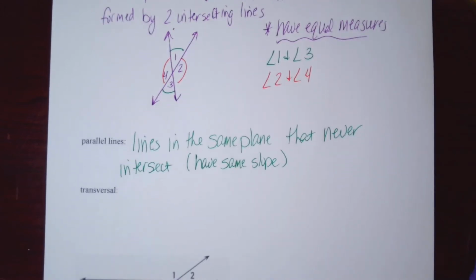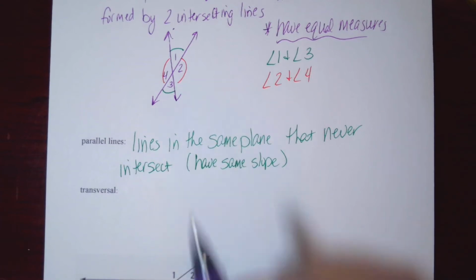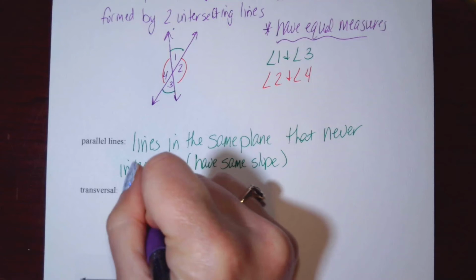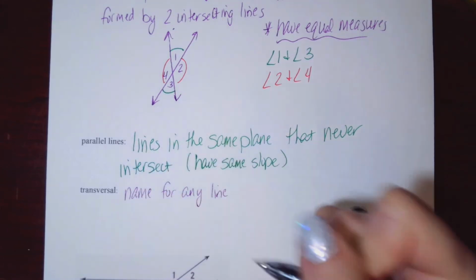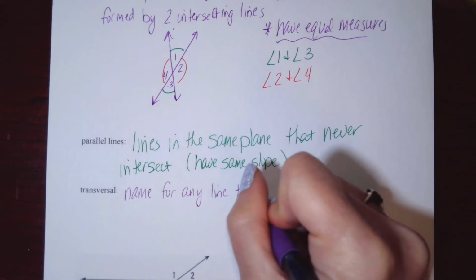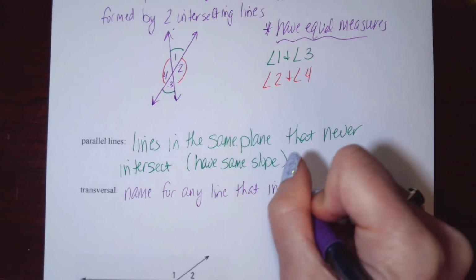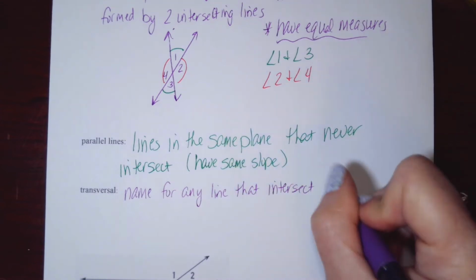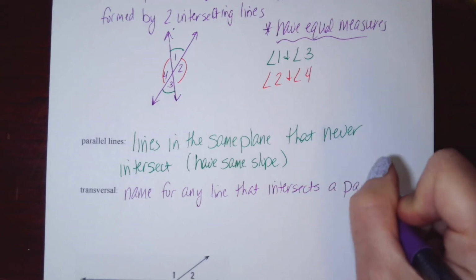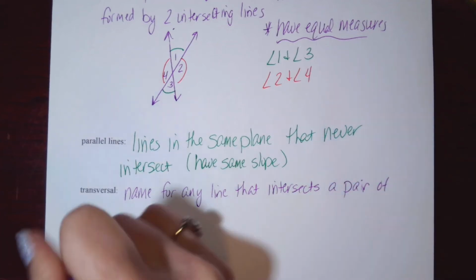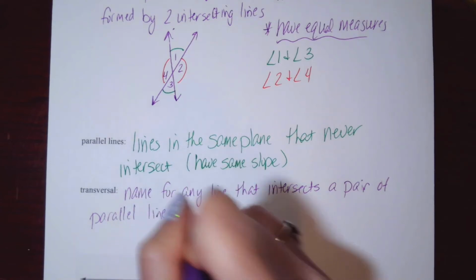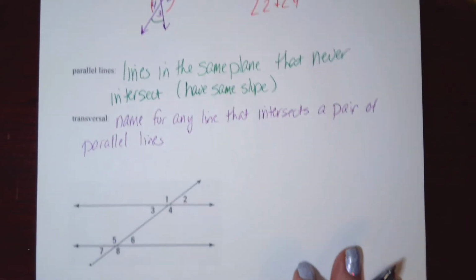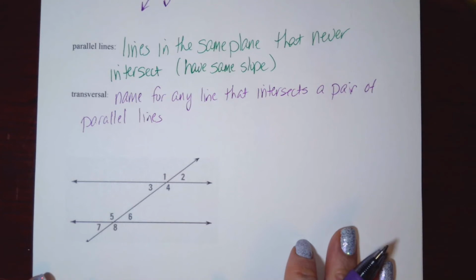If those lines are crossed by a third line, we call that third line a transversal. A transversal is any line that we talk about intersecting a pair of parallel lines. I would say down here that these two lines are cut by a transversal.